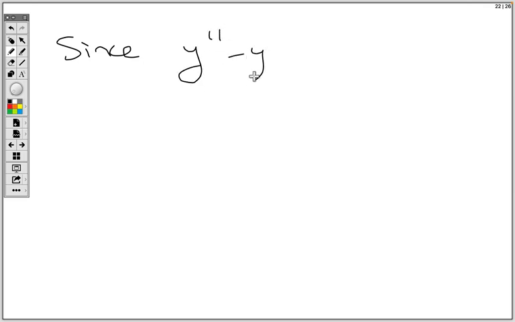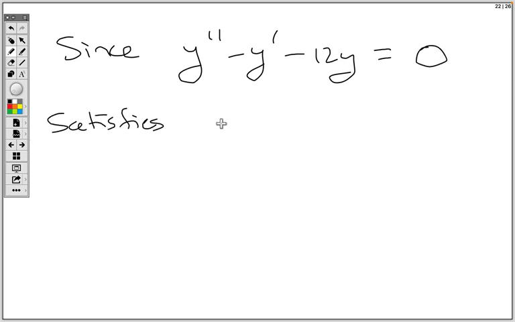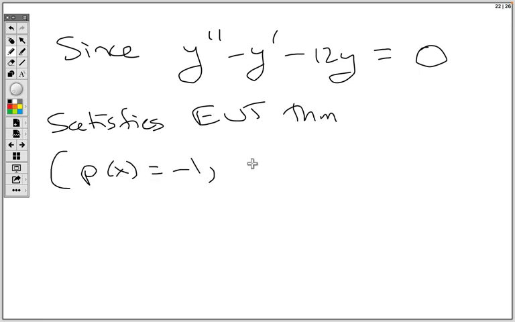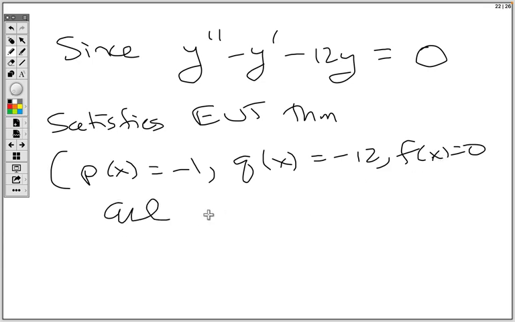Since y double prime minus y prime minus 12y equals 0 satisfies the existence and uniqueness theorem, because p of x is minus 1, q of x is minus 12, and f of x is 0, which are all continuous everywhere.